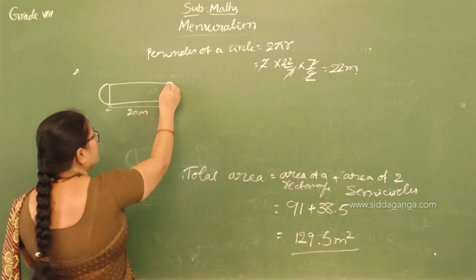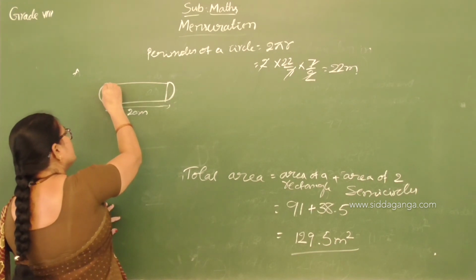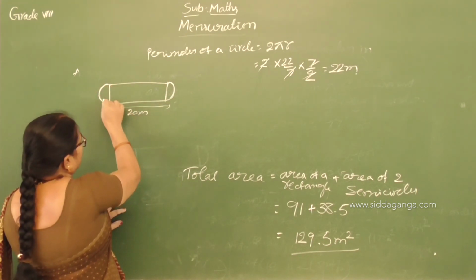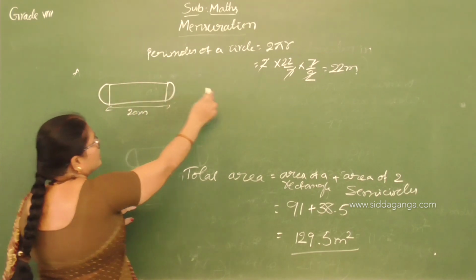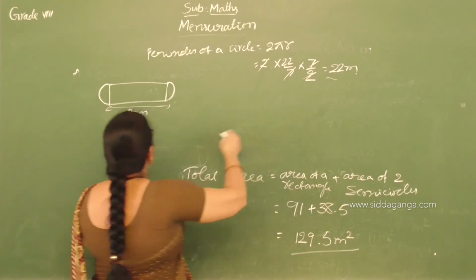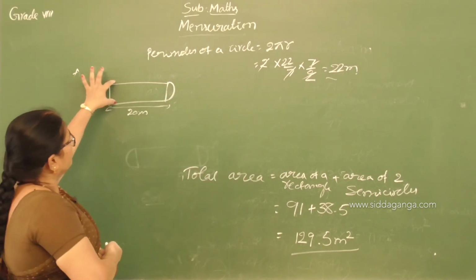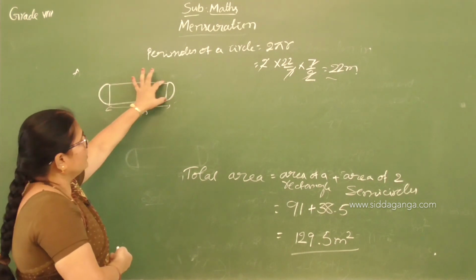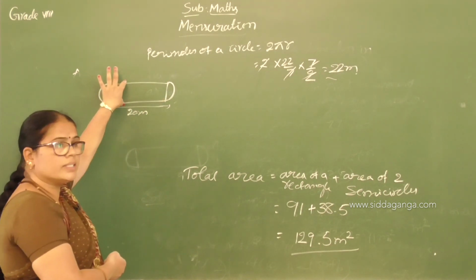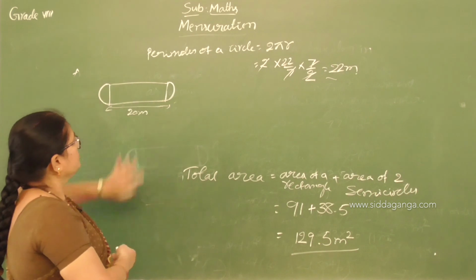This one is the perimeter of the circle. Adding these two semicircles, we get 22 meters. What about the length of this side? 20 minus 7, that is equal to 13, plus 13.